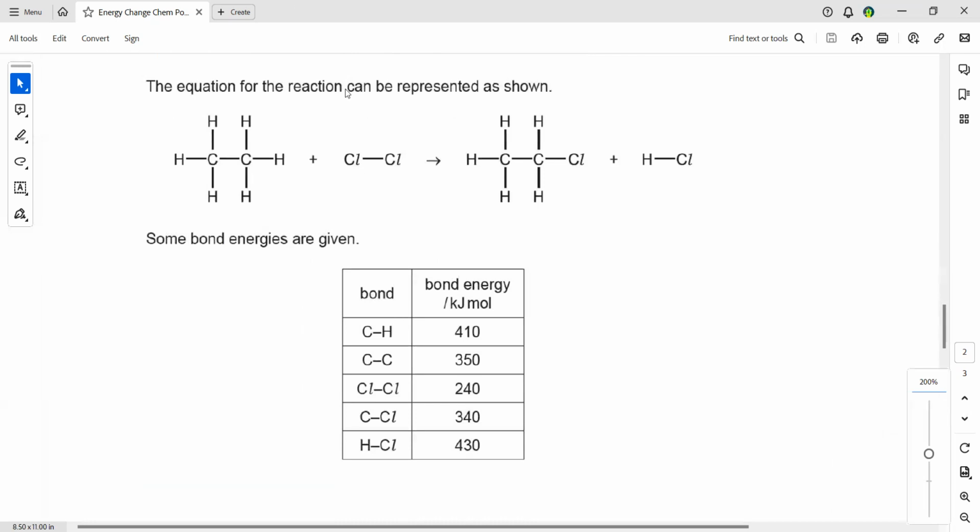So the bonds which we are breaking. So 1, 2, 3, 4, 5, 6. So there are 6 CH bonds. Then there is a carbon-carbon single bond. And there is a chlorine-chlorine bond.